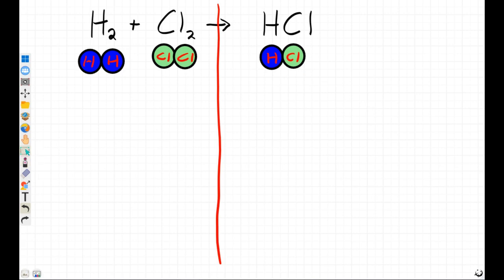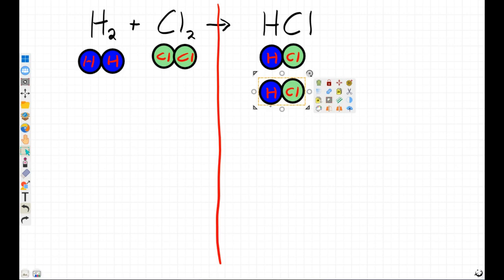To balance the equation, we'll start off looking at the hydrogens on the left side right here. We have two hydrogens on the left side, and on the right side we have a single one. So in order to fix that, I'm going to make an extra copy of the hydrogen on the right side. I'll do that by dragging that down to create another one.